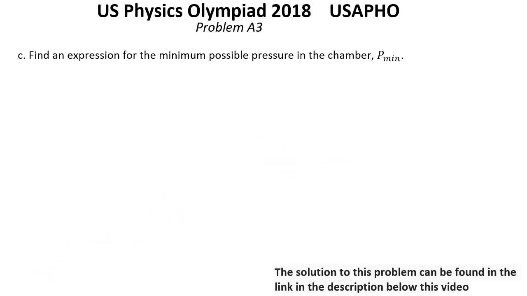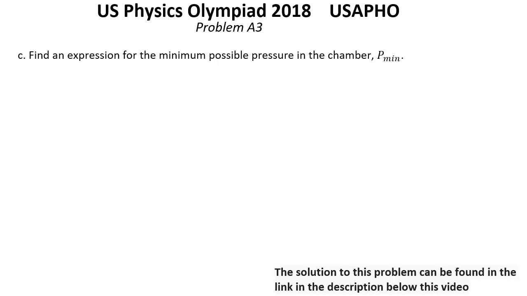Question C. Find an expression for the minimum possible pressure in the chamber, P minimum. Answer. Since V0 is greater than 0, the inlet valve will not open immediately when the piston begins moving to the left.